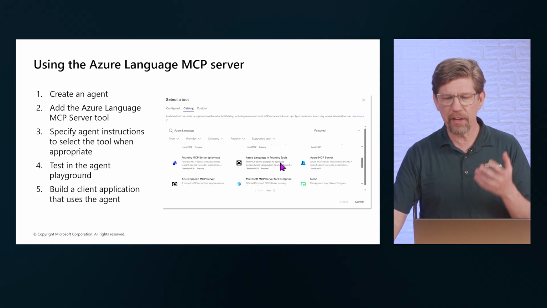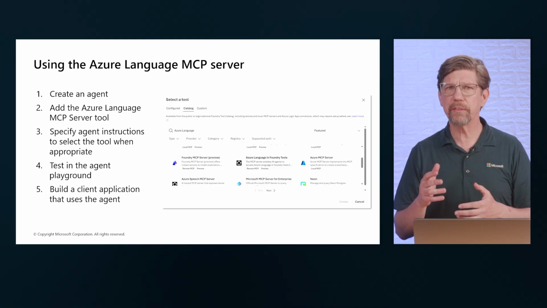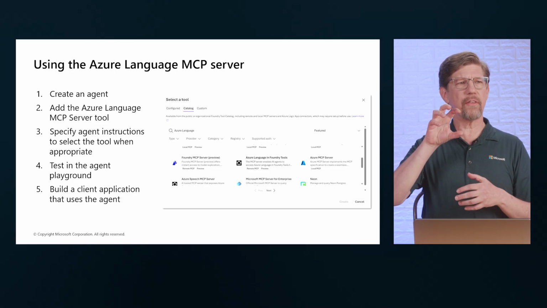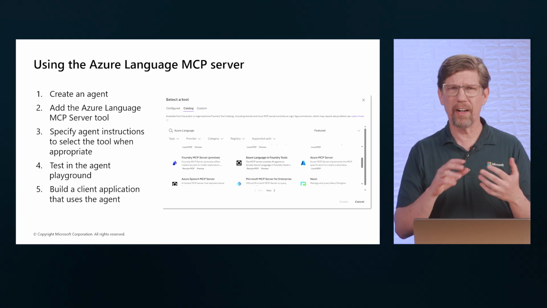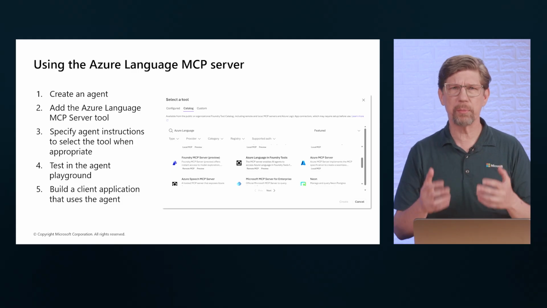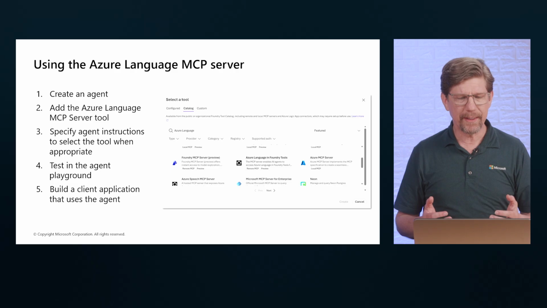Then it's a matter of selecting the tool and a little bit of configuration so that the systems can talk one to another. You'll supply the name of the project, and you'll supply perhaps the key or some sort of credential that is going to be used.